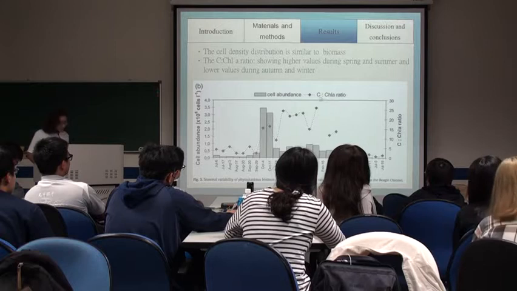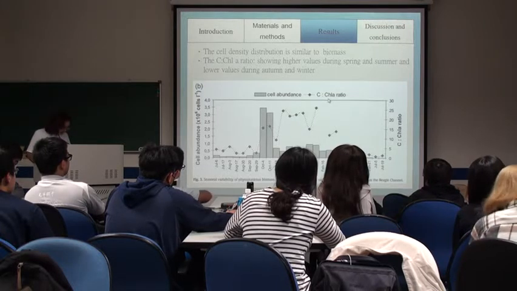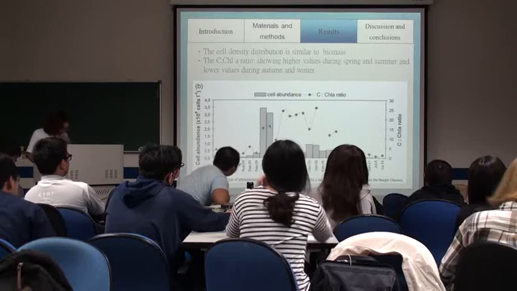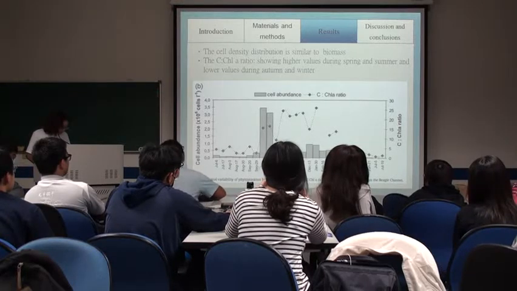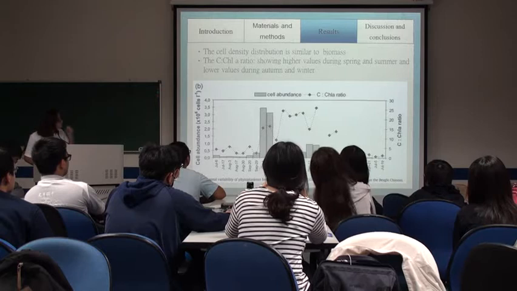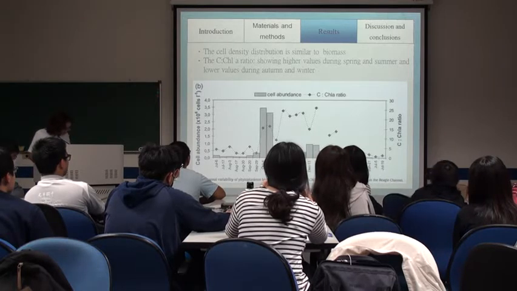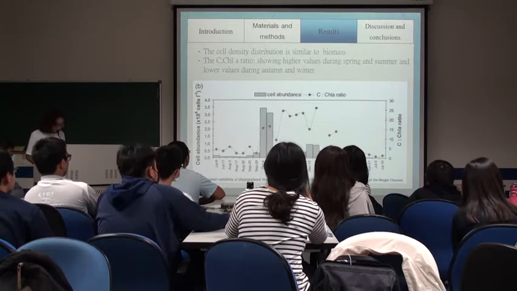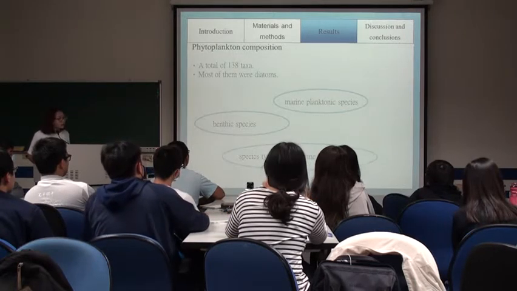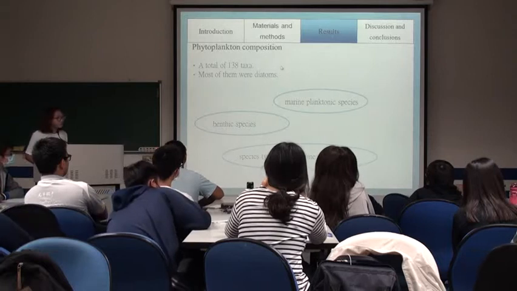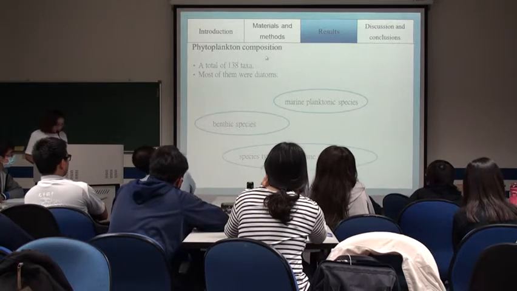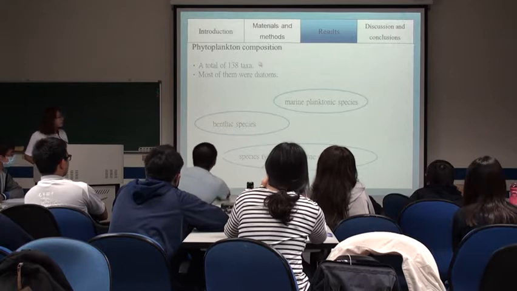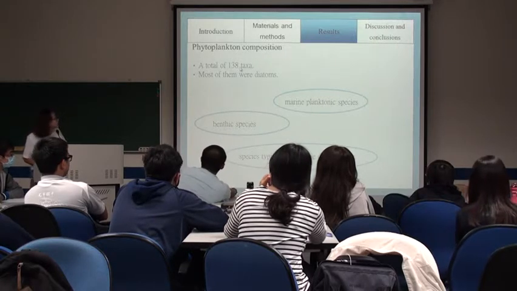And this picture can tell us the cell distribution is similar to biomass. And in this research, we can know the phytoplankton composition, a total of 113 taxa.